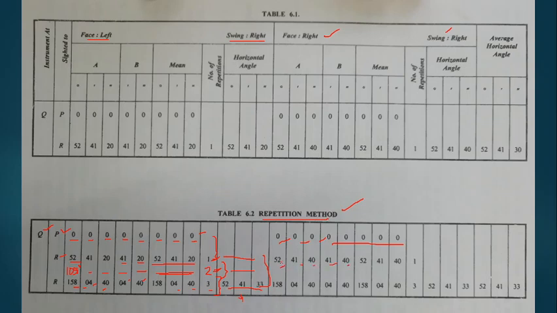The main scale reading in addition to the vernier scale reading is a combined reading in column A, in degrees, minutes and seconds. Similarly in column B, only minutes and seconds have to be recorded, and then the average of these two will give you the mean horizontal angle, that is 52 degrees, 41 minutes and 40 seconds. This is for the first repetition.